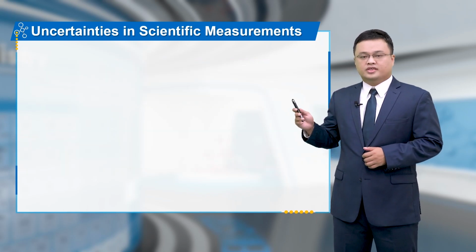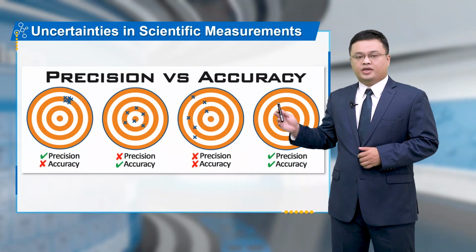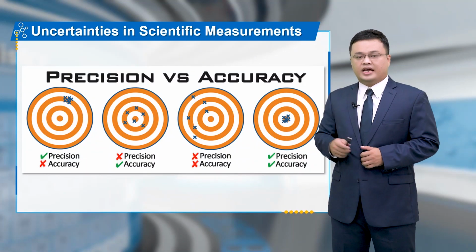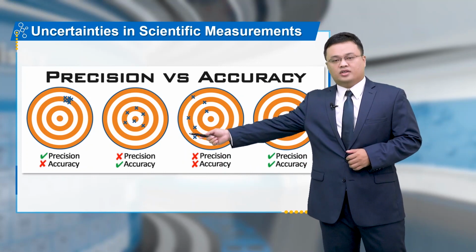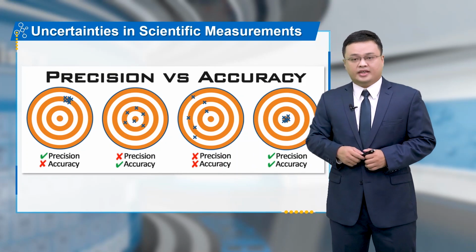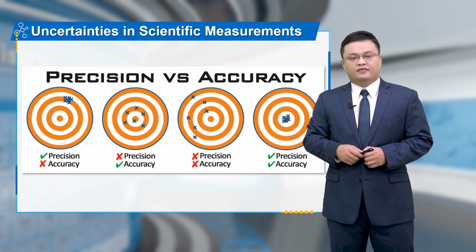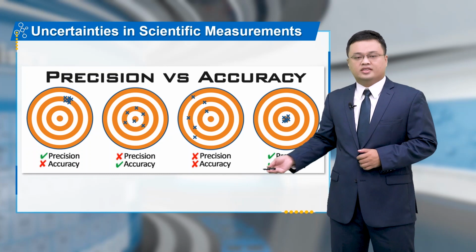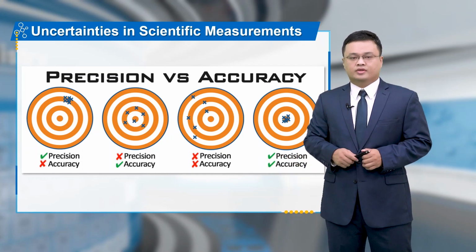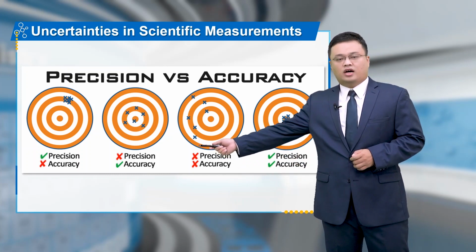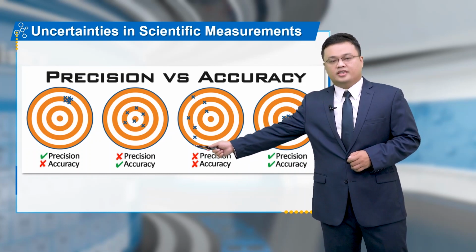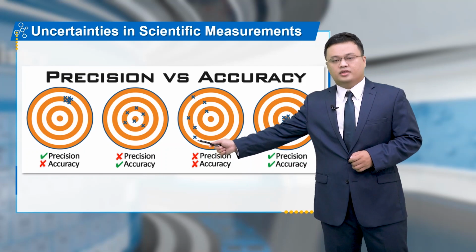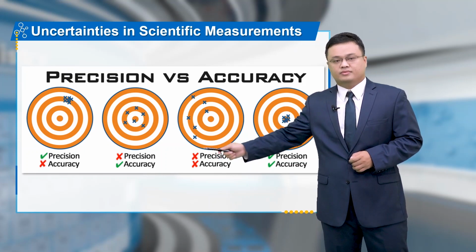To illustrate these ideas, let's see the picture of precision versus accuracy. A tight cluster of several darts near the edge of a dartboard can be considered precise but not very accurate if the intention was to strike the center of the board. If the darts are all close to the center but not very tightly distributed, it's considered to be accurate but not precise.